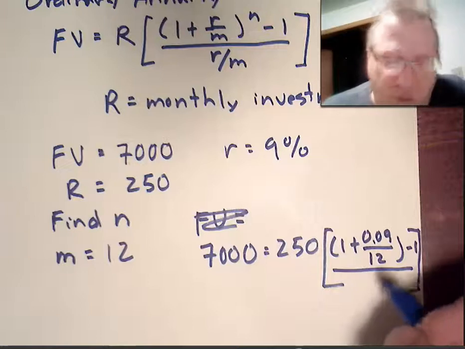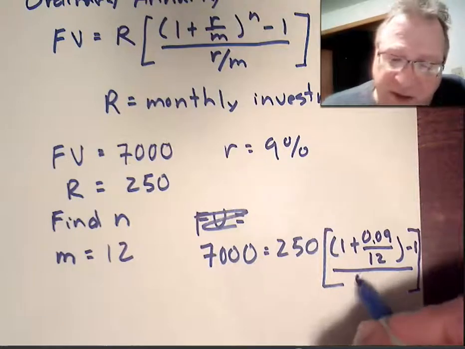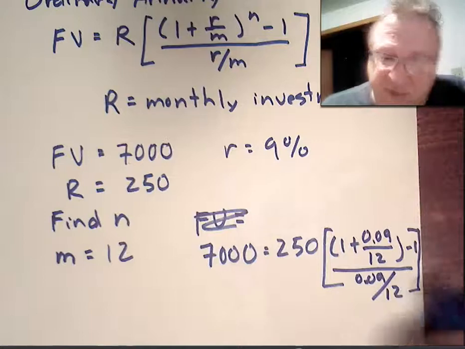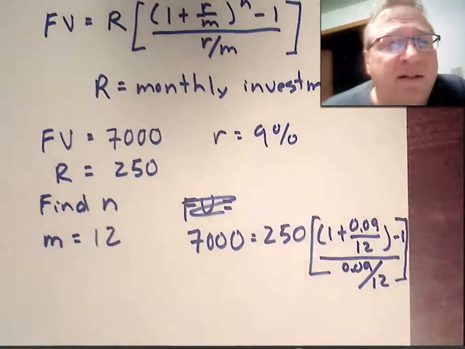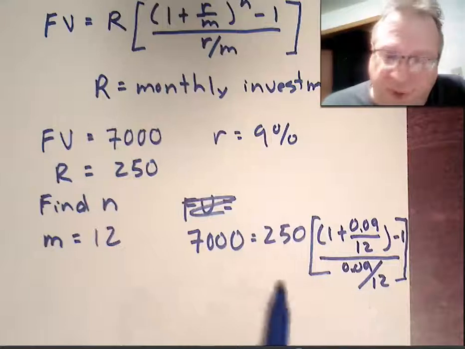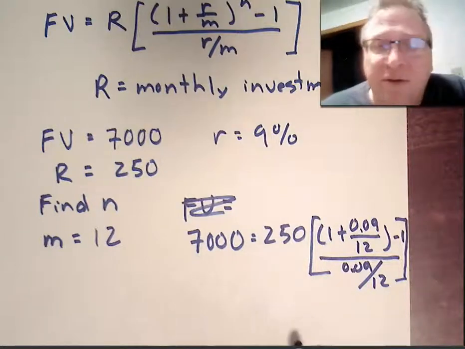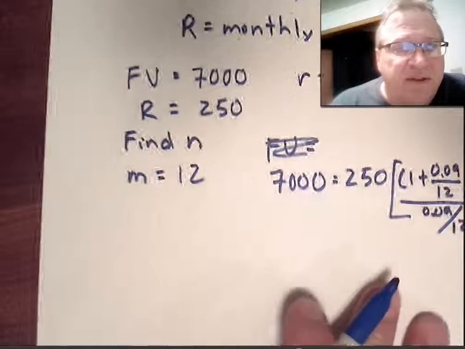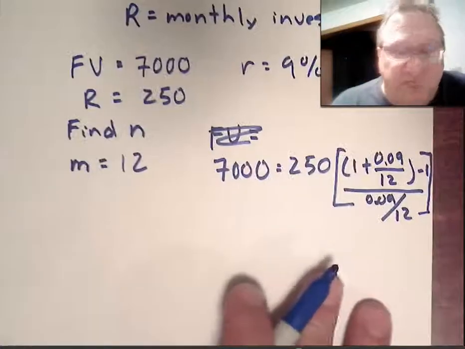Divided by R over M, 0.09 over 12. Oh boy, that's tough to see. Well, right away I can move that 250 over to the left-hand side by dividing both sides by 250.